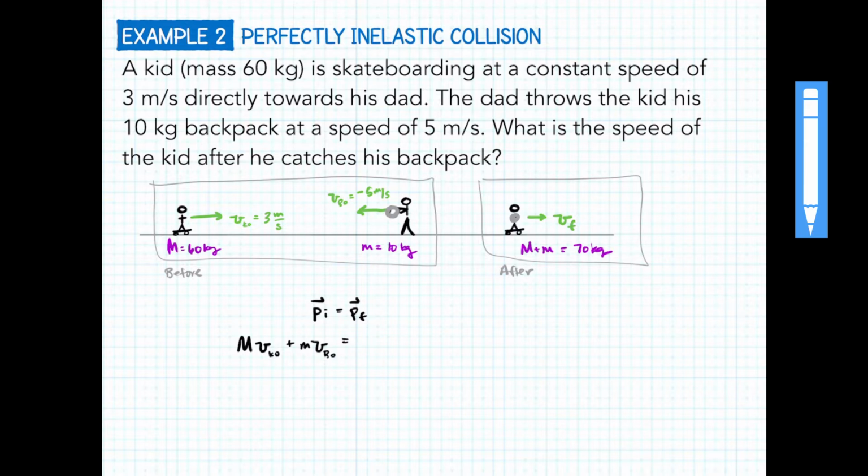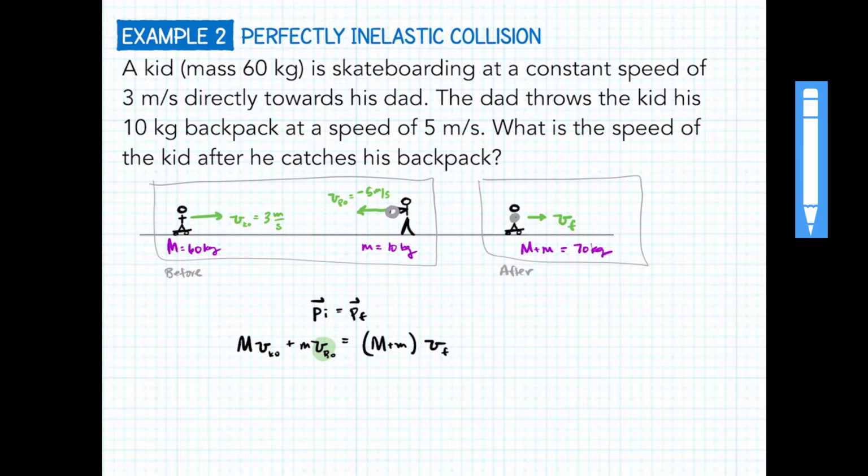And then the after part is going to be the total mass, M plus M, times V final, okay? The only thing to really be thoughtful about here is that this is going to be a negative velocity, because you can see the negative right here. So when we plug that in, it's going to be a subtraction instead of an addition, okay?